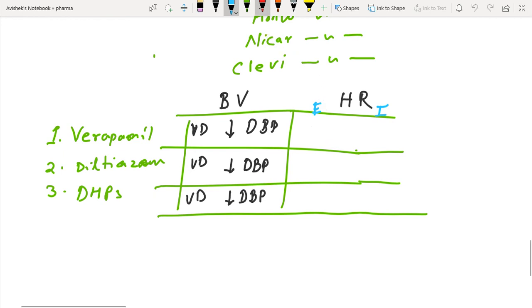So during expiration, verapamil decreases it thrice, but during inspiration it increases heartbeat once. Diltiazem decreases twice, in inspiration once.